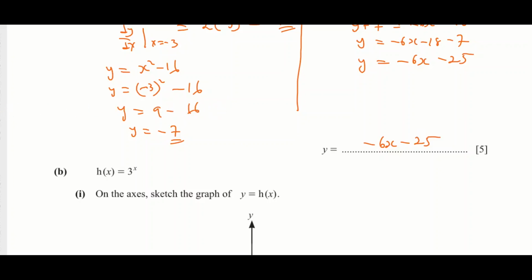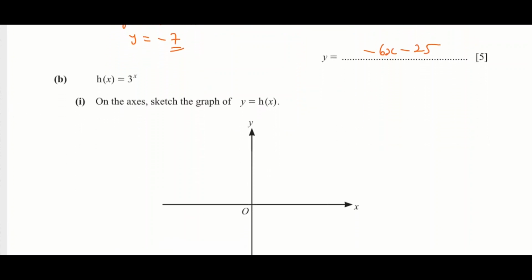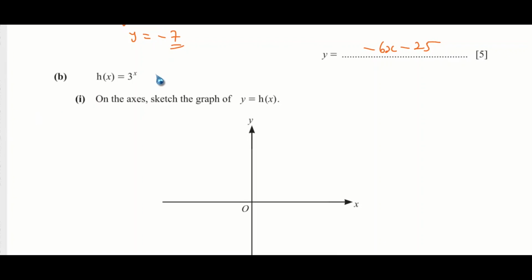Okay, so let's look into part B. h of x equals 3 to the power of x. So this is an exponential equation. It's of the general form y equals a to the power of x, and this one is exponential growth. If you have y equals a to the power of minus x, this is exponential decay.